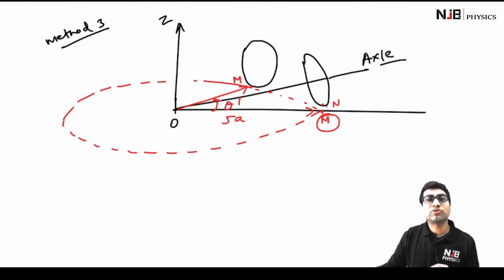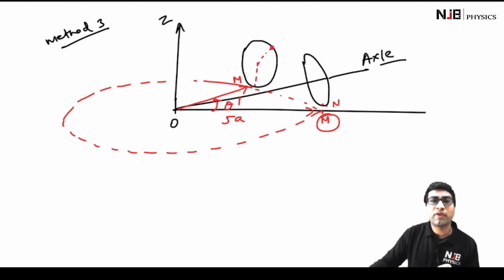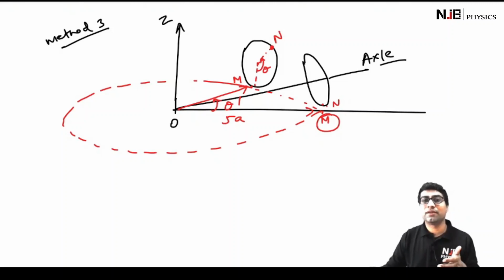Now let's talk about this point N, because this point N is on the edge of this disk, which is also revolving about the axle. So where will this point N be now? Well, it must be somewhere here. This is going to be the new position of point N, and let's say it has been rotated by an angle theta about the axle.